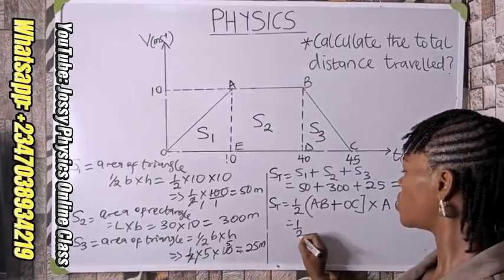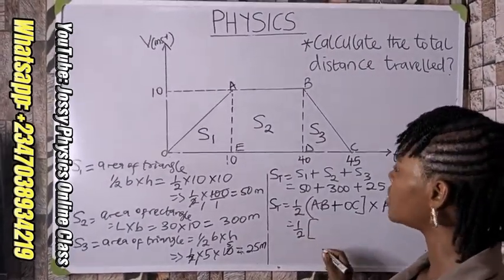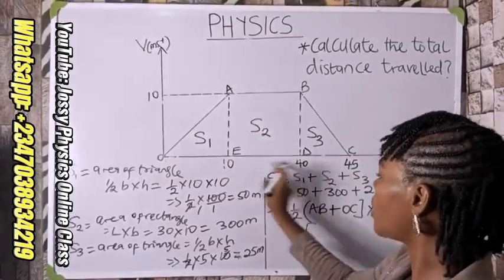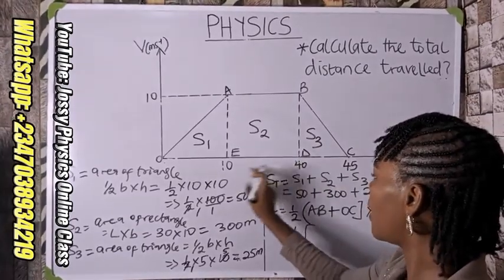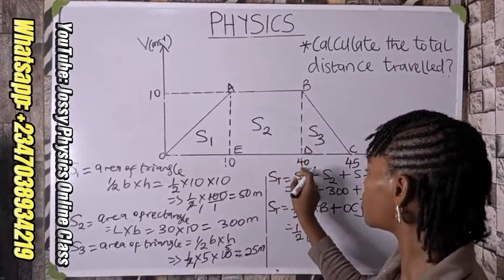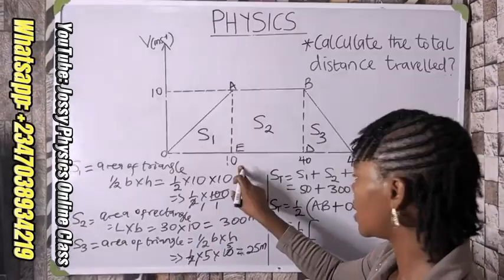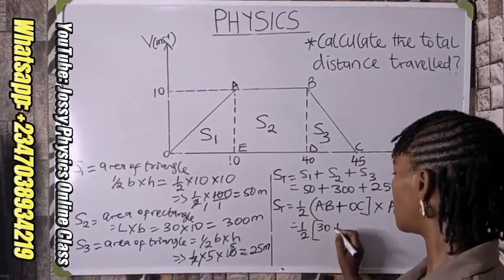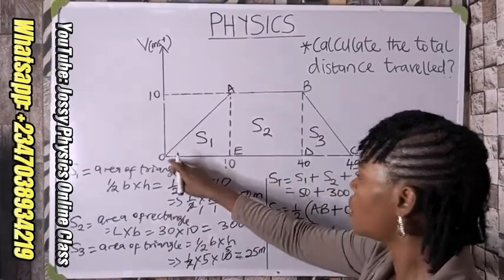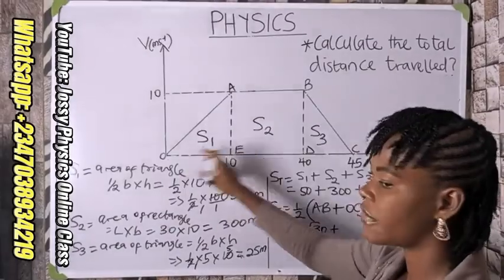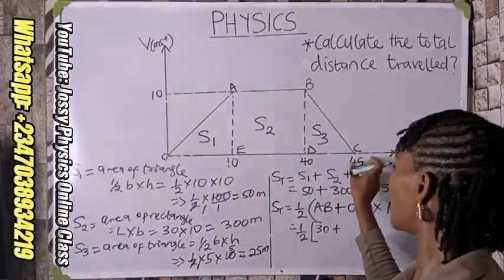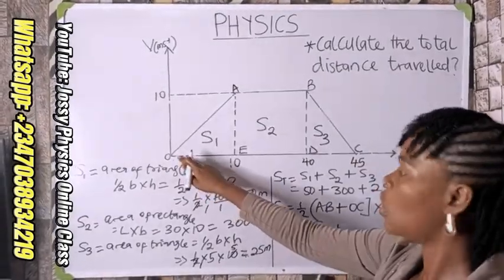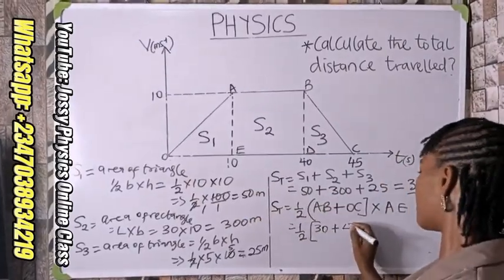If I substitute what I have, what is my AB? AB is the distance between this and this. I will come down here: 40 minus 10 gives me 30. Then I have 30 plus OC, and 45 is the difference, so 45 minus 0, which is 45.